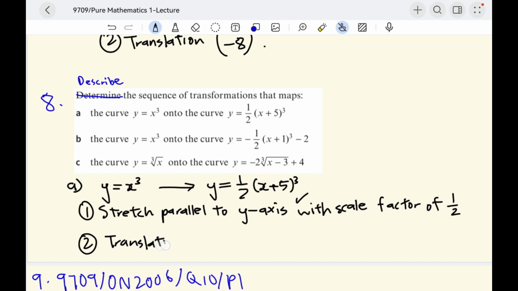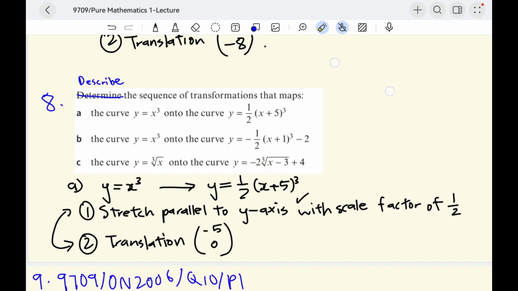This translation involves the horizontal translation. Plus 5 means you have the translation of (negative 5, 0). So if you swap the sequence, in the end you will get the same transformed curve, because the half didn't expand inside this cubic function. Okay, so any problem?